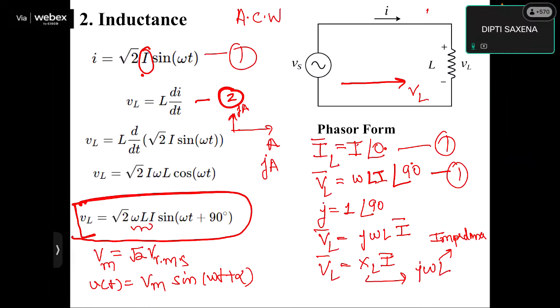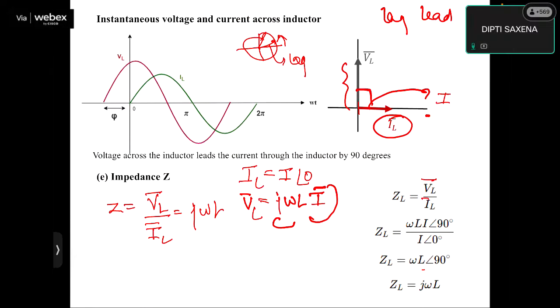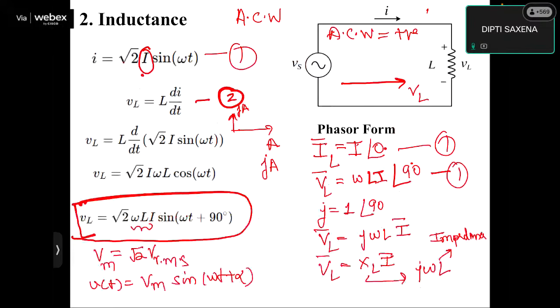The angle here is 0, the angle here is 90 degree. So the direction of IL is minus 90 degree behind, that is, with respect to VL, minus means I will move clockwise. Anti-clockwise is positive direction and clockwise is negative direction.